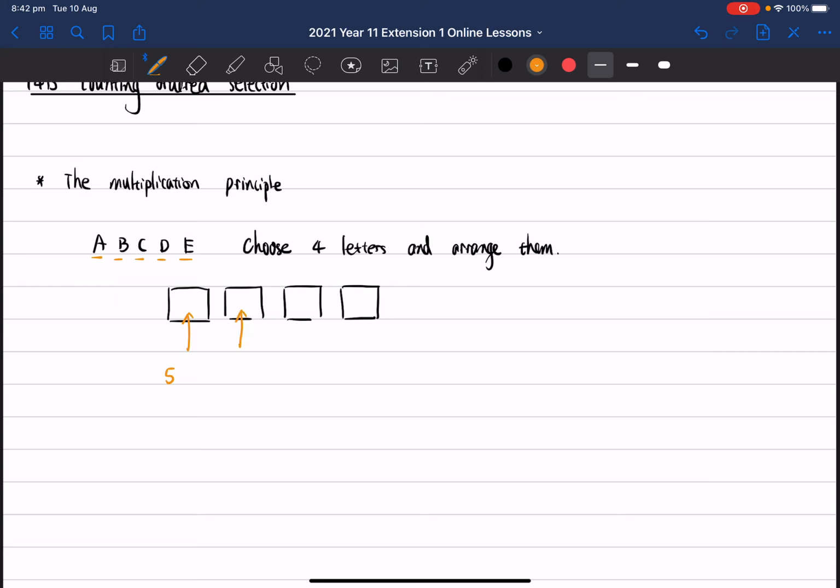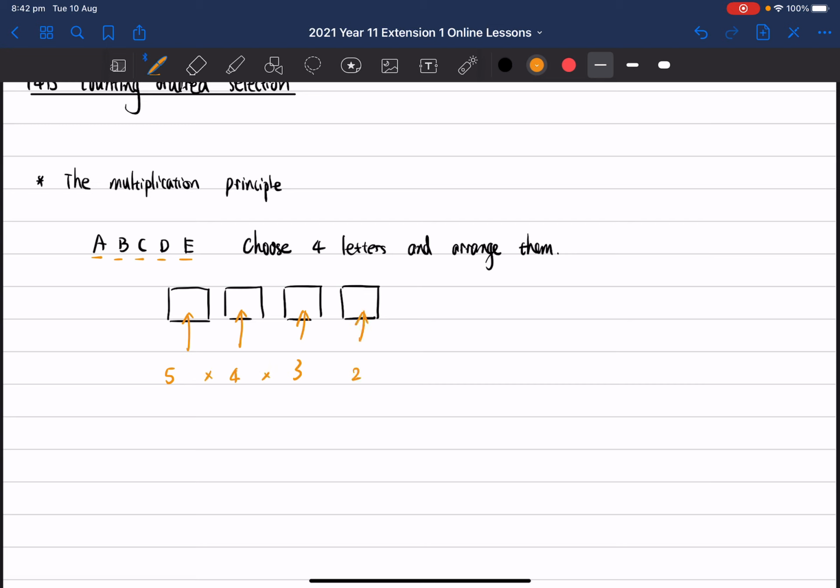Then for the second box, you have 4 different possibilities, because you have already chosen one. If you choose a D, you only have A, B, C, and E left. So you only have 4 letters left, and following this idea, we have 3 and 2 choices.